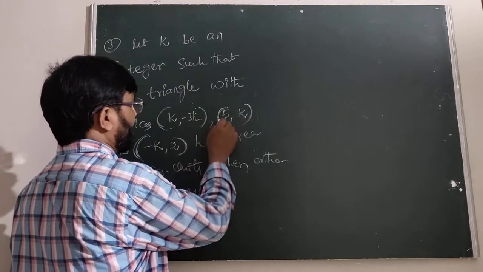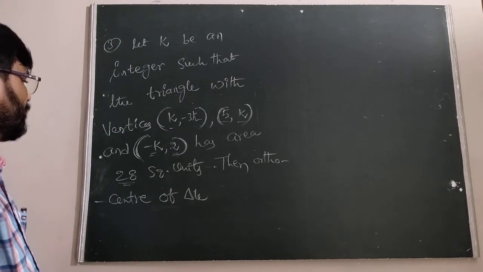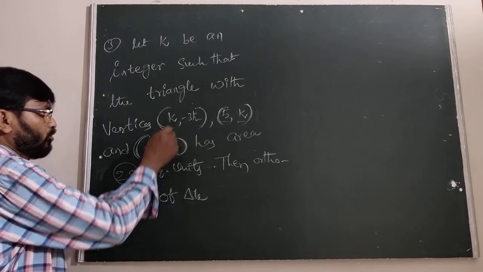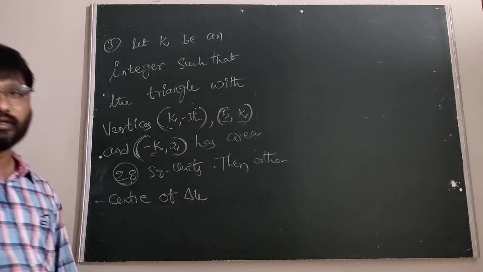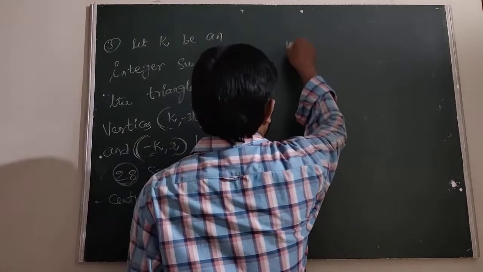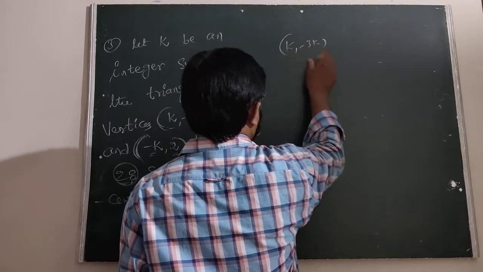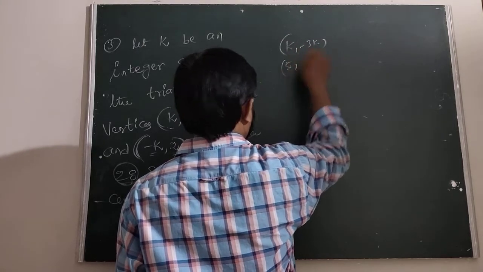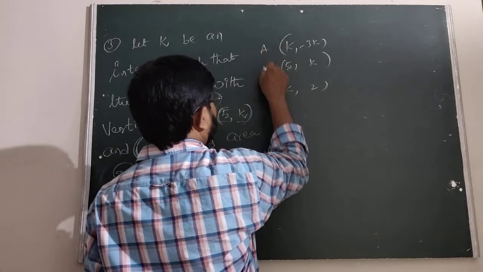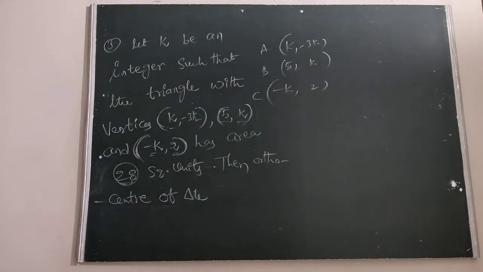The vertices are given. The area of the triangle whose vertices are these three points is given as 28. We write the points (k, -3k), (5, k) and (-k, 2), and take them as A, B, C, the three points of the triangle.